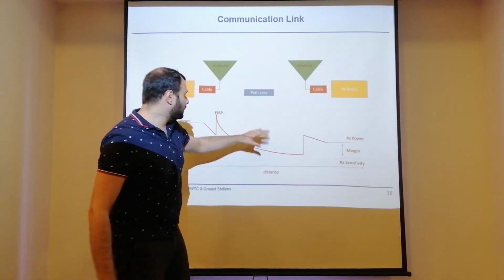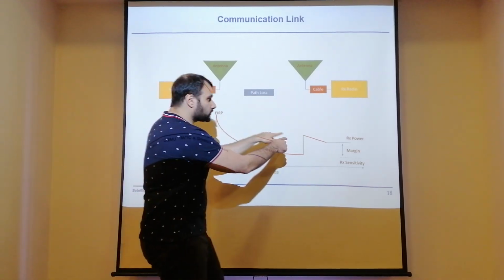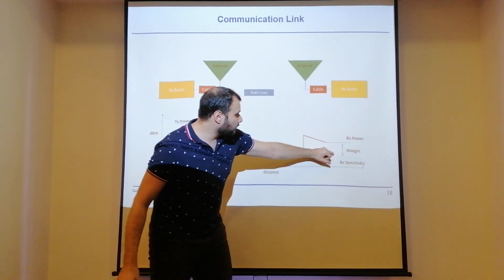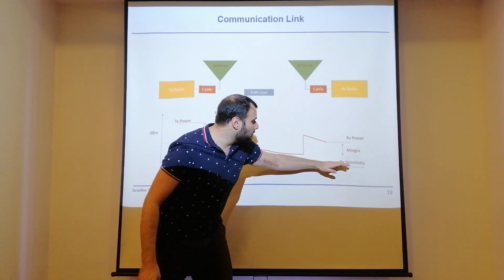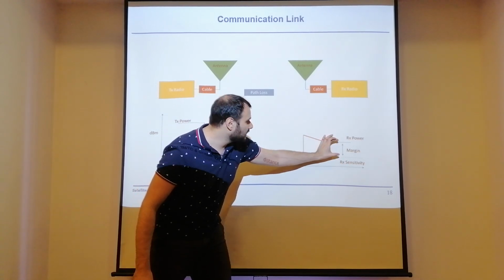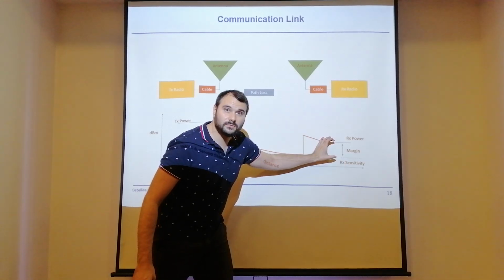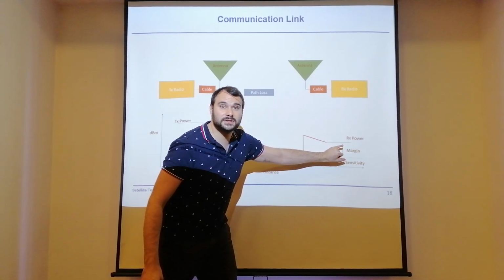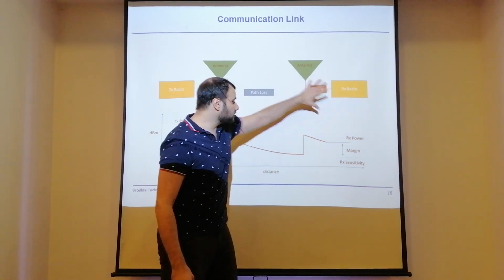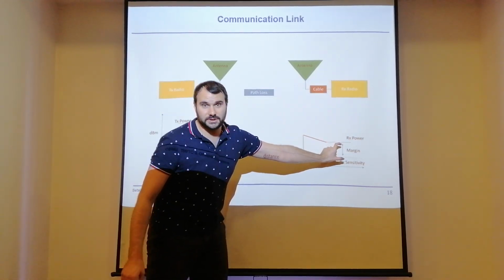So you have your link, you have all your different components you can choose now, but at the end of the day, it's important that the signal power of your received signal is above the sensitivity at a certain margin, and this margin is the margin for your link budget, and the link budget is used to determine this margin.